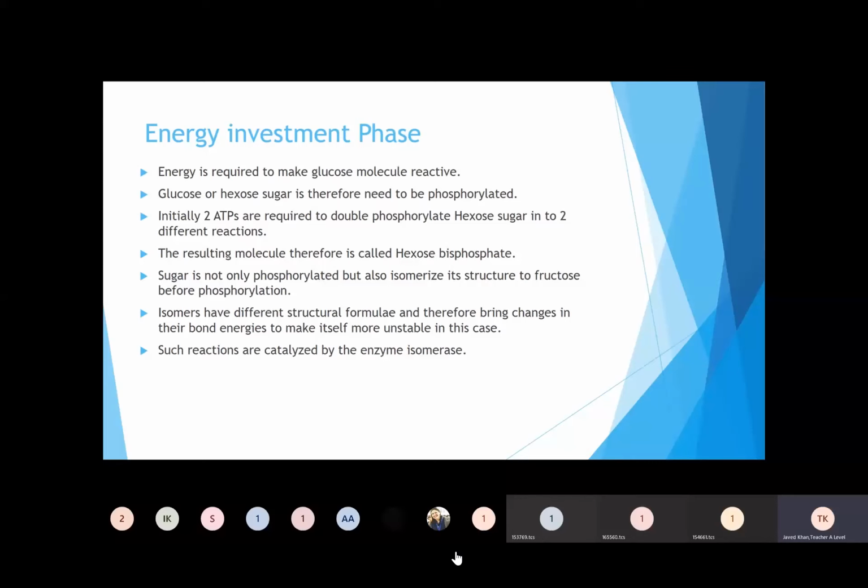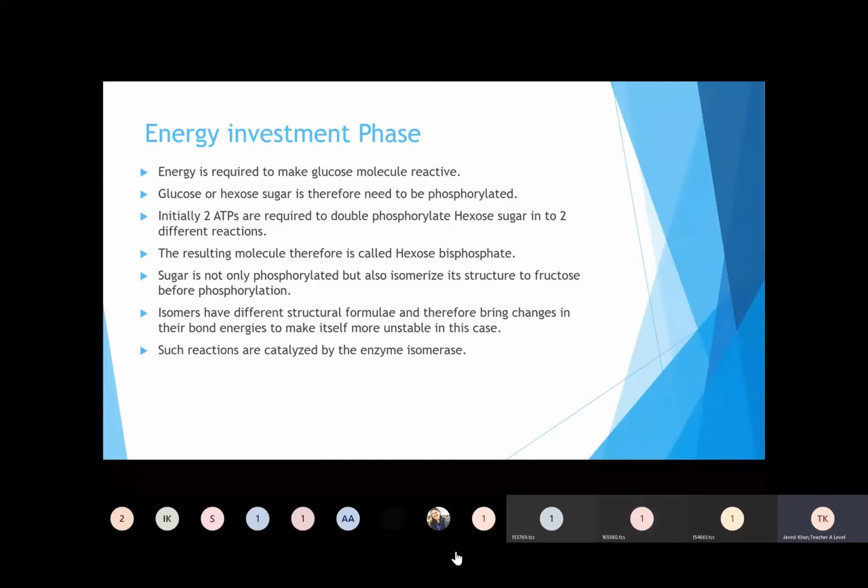So isomers have different structural formulas and therefore bring changes in their bond energies, making the molecule more unstable in this case. Right. Faria, can you tell me which molecule is more unstable, glucose or fructose? Fructose. Yes.